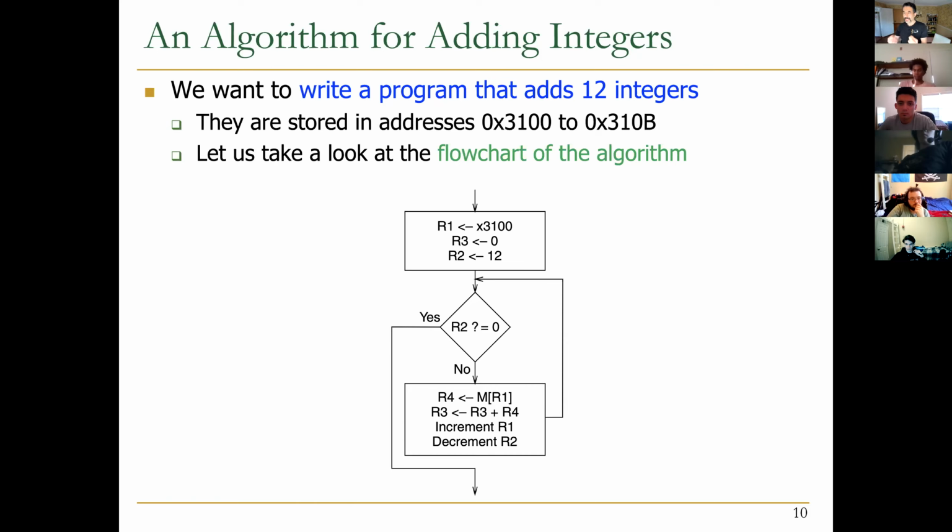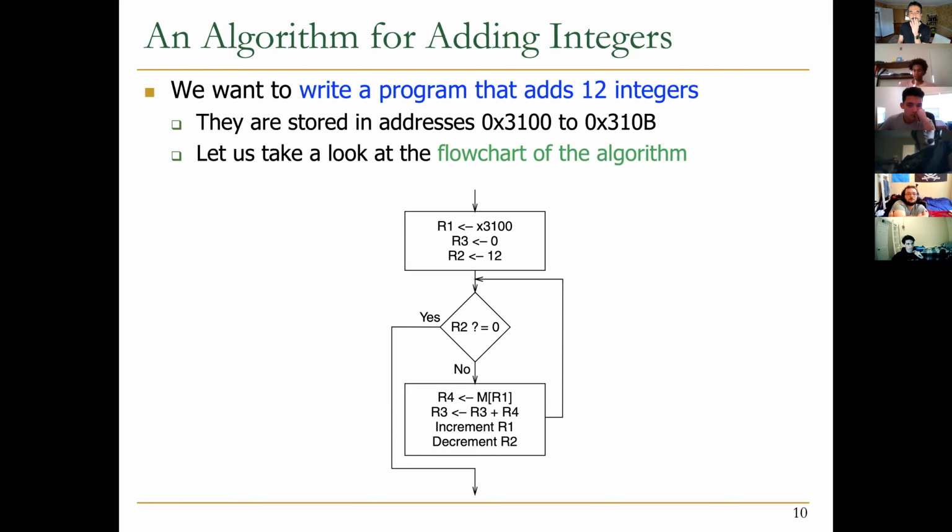We constructed them because we wanted to add 1, 2, 3, 4, all the way to 20. In this case, the problem is that we have 12 integers stored in the memory, and we need to retrieve them one by one and add them together, right? So this is the contrast that you can make. You need to go through different steps.